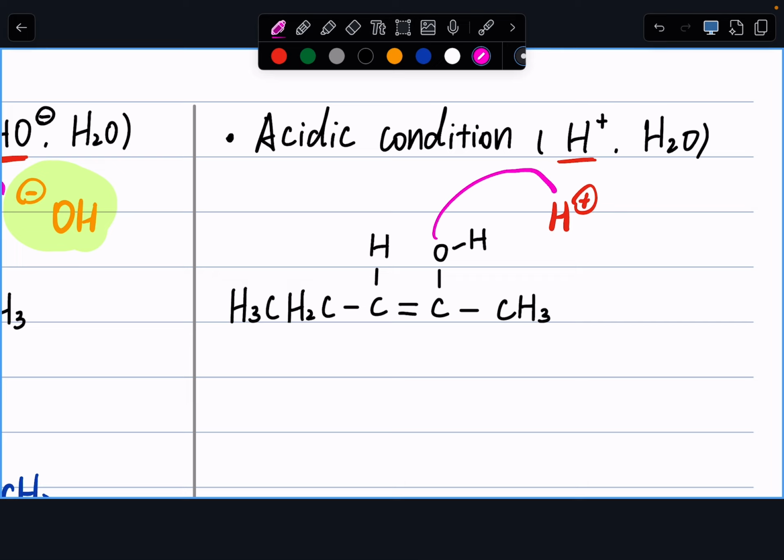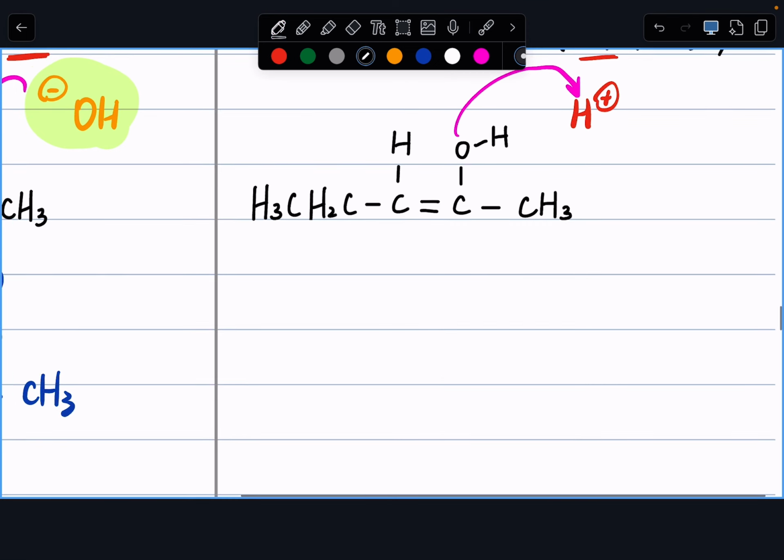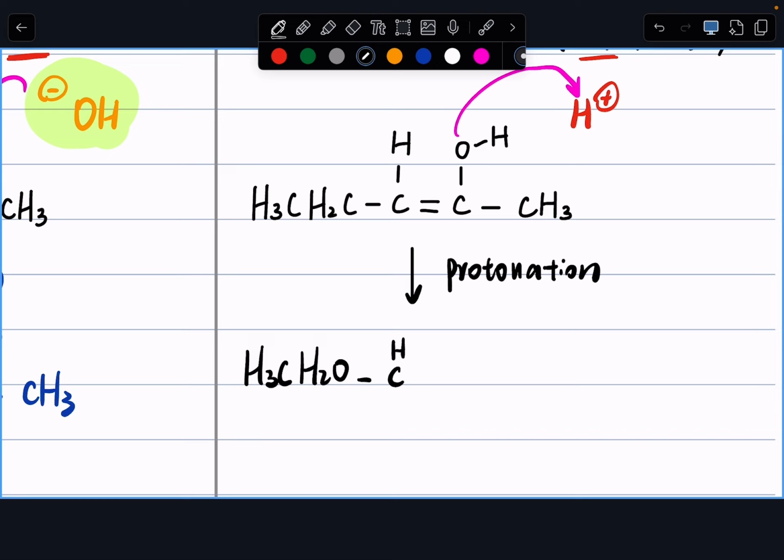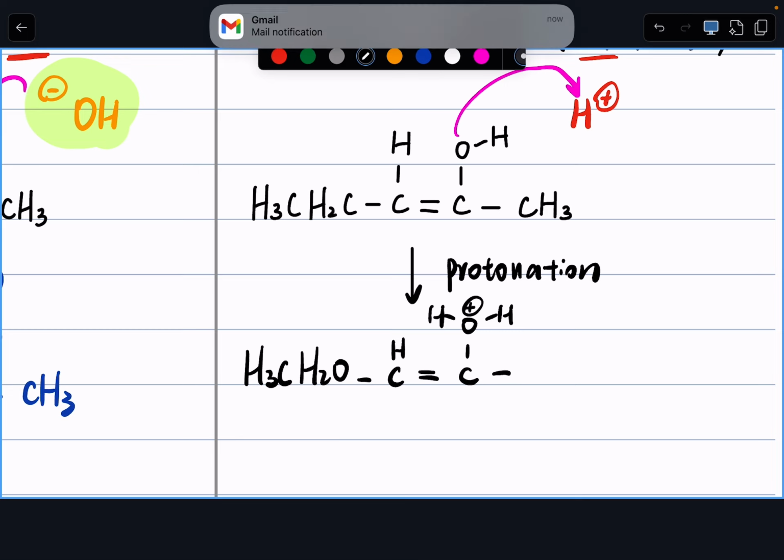We're having the double bond, the nucleophile on the oxygen attacking the hydrogen. And the first step is protonation. What we end up getting is H3O, the acyl group, CH, double bond, carbon, oxygen, hydrogen, hydrogen, plus, and CH3.